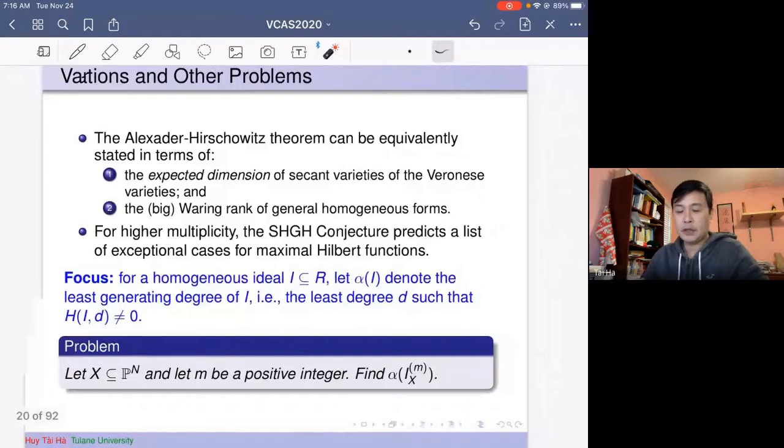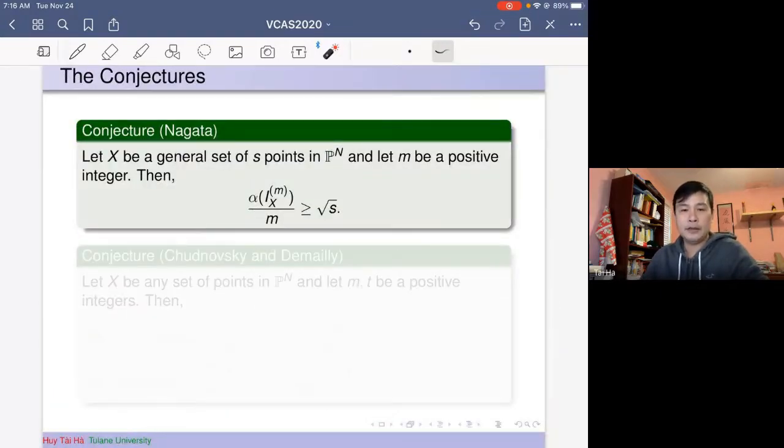And the first conjecture is the famous conjecture by Nagata, which states that if X is a general set of s points, then alpha of I_X symbolic power m over m is always at least the square root of s. And he actually proves this when s is a perfect square. So it's open when s is not a perfect square.